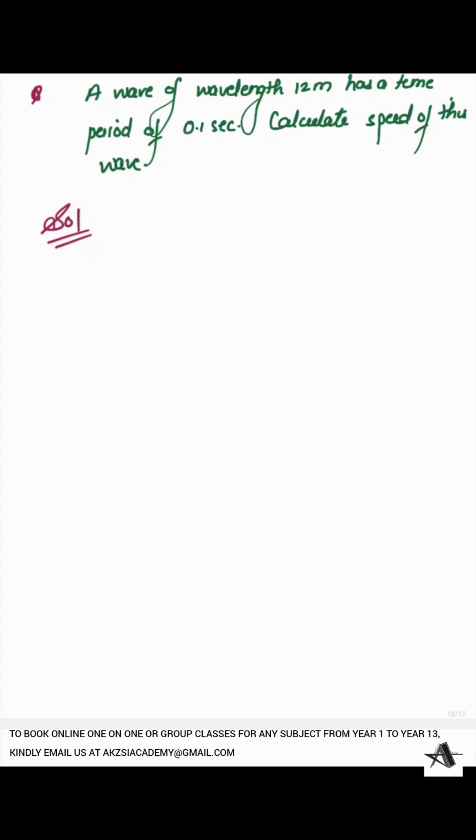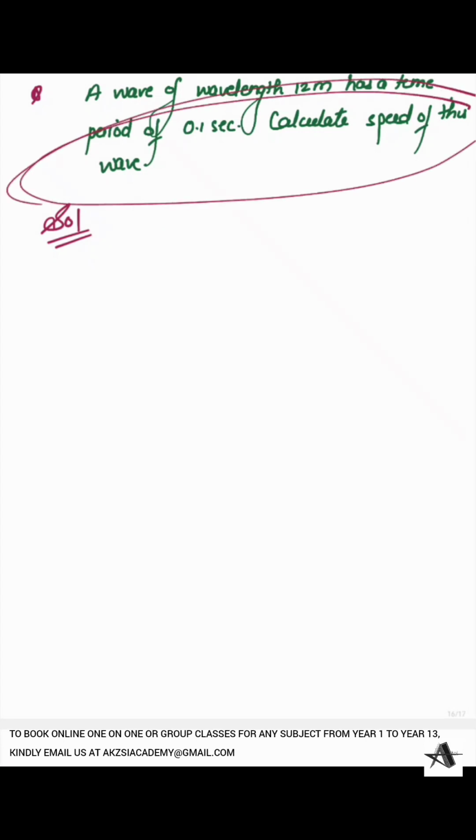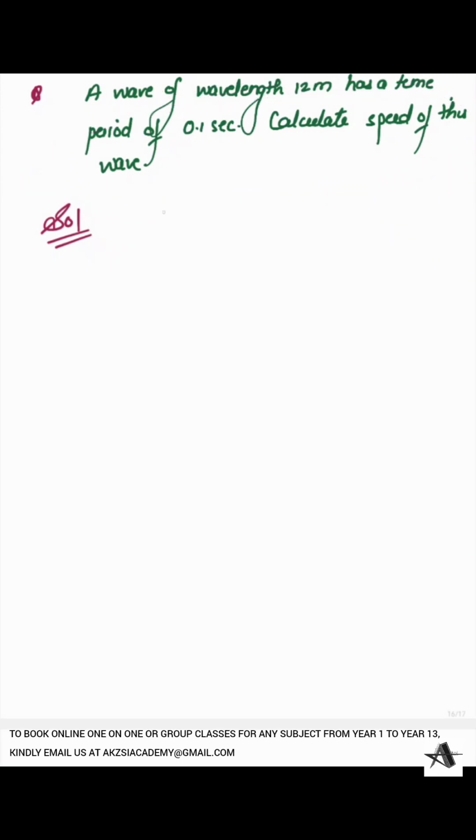So we have to use wavelength into frequency, which is actually a similar thing, also derived from speed equals distance over time. I always ask you to go in reverse order. If they are asking to calculate the speed of the wave, first write the formula for speed of wave, which is frequency into wavelength.